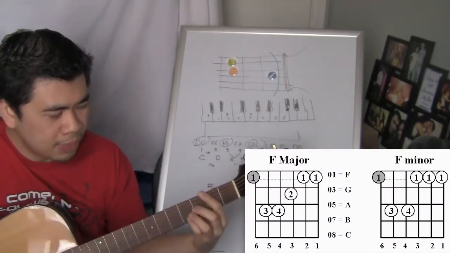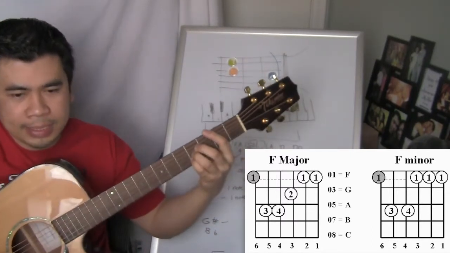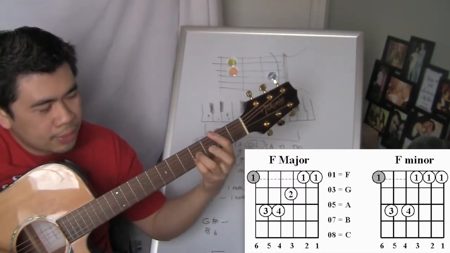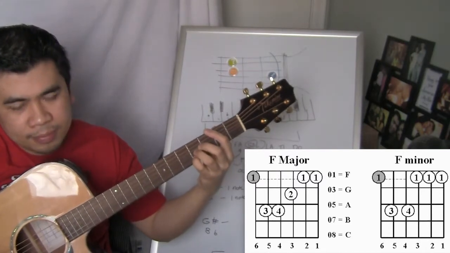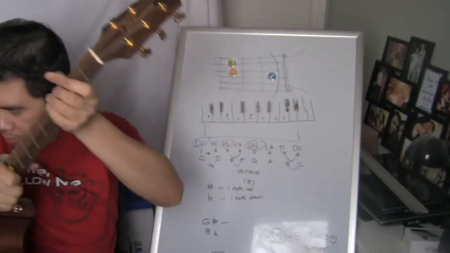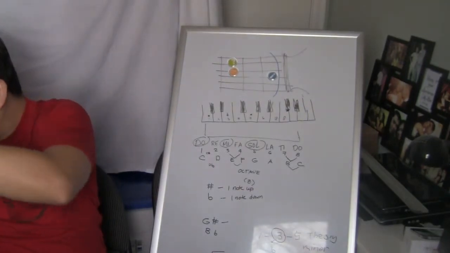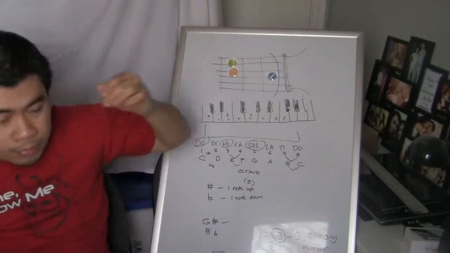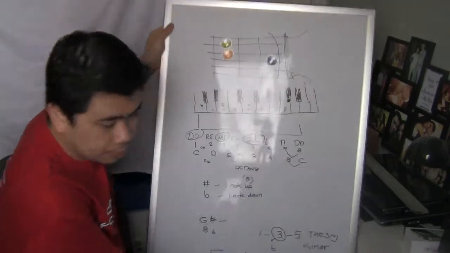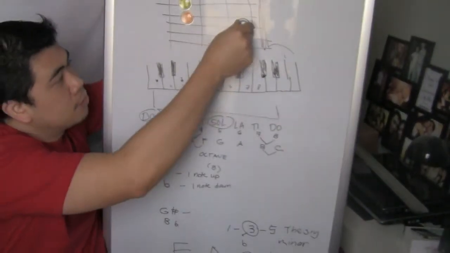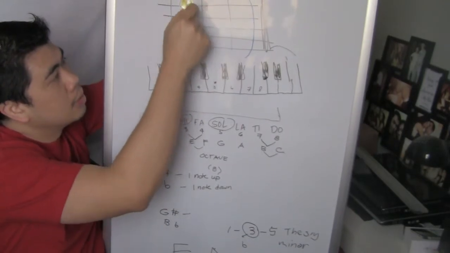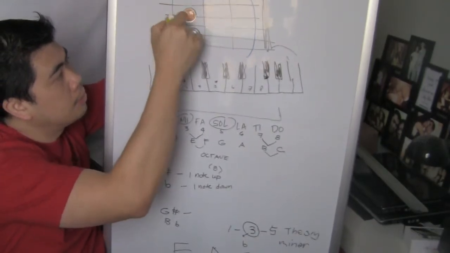Now in the B form, like this, the crucial fingers are the third and my pinky, the fifth. So what happened is, in the B form, it appears like this, right?